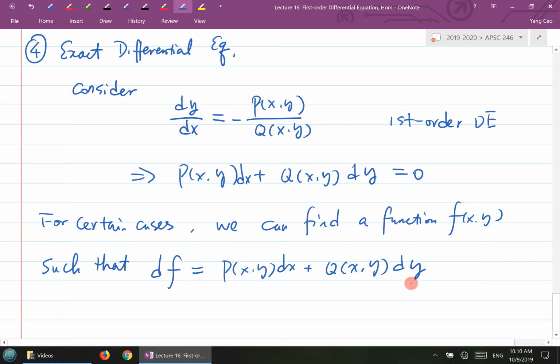Does that look strange to you, or does that look actually familiar to you now? What does that remind you of, or does that not remind you of anything? Not a partial? Total differential. So what we have here is a total differential, right?